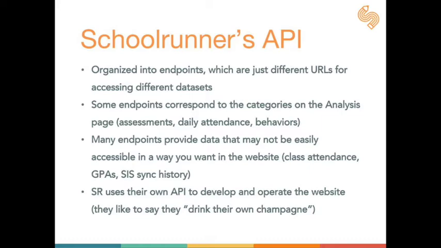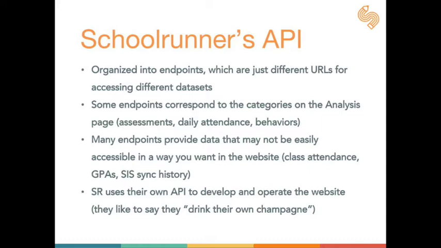If you think about going into the analysis page and building a report, you're typically doing that for one main data set. So you might create a report on the analysis page to look at assessments or attendance or behaviors. Well, the API has an endpoint for each of those different data sets. But the API also provides endpoints for data sets that may not be easily accessible in Schoolrunner, or at least accessible in the way that you would want.